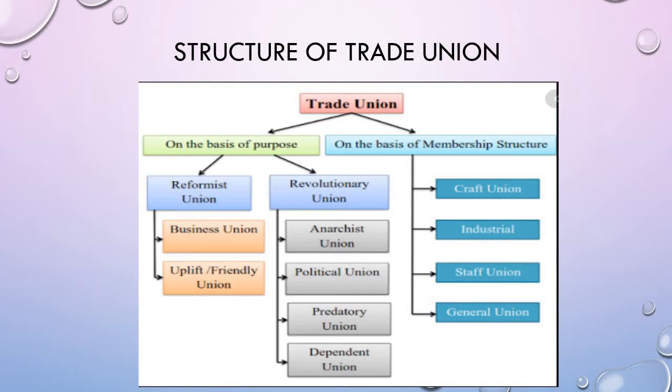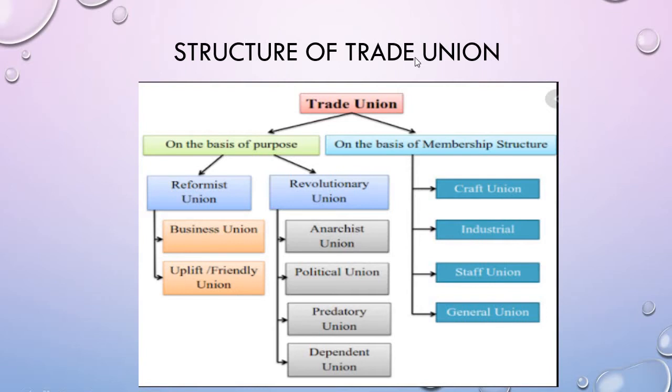The unions of different countries have different lines depending upon the socio-economic compulsion of industrialization and political and economic factors. The type and structure of trade union differ from country to country and even from industry to industry within the same country. However, trade unions may be classified on the following basis.